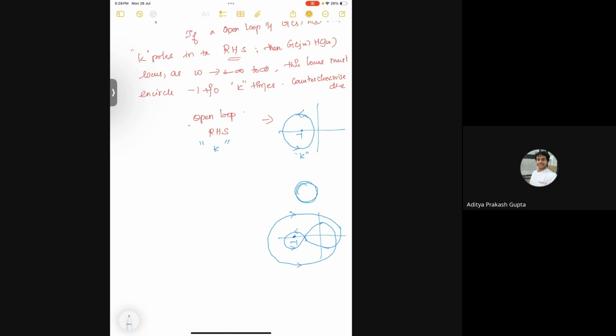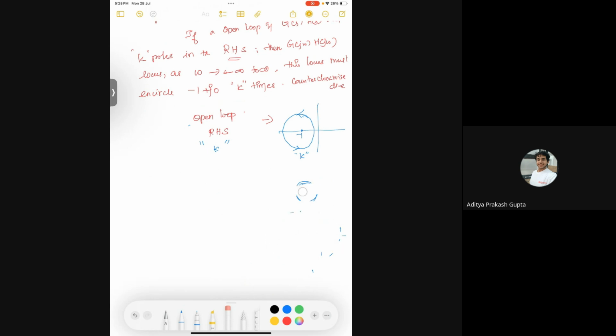So the encirclement around minus 1 is 2 times here, right? Yes, ma'am, 2 times it has encircled. So you can conclude that there are 2 open loop poles in the right half of the s plane. Only if there are 2 open loop poles in the right half of the s plane will this happen, an if and only if kind of condition.